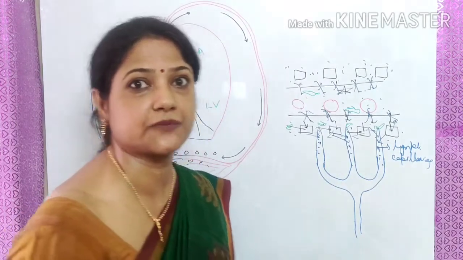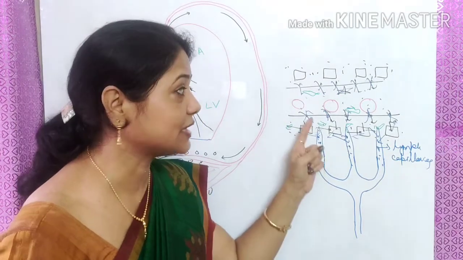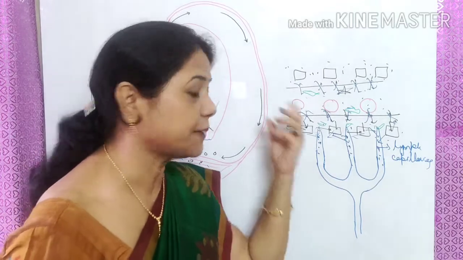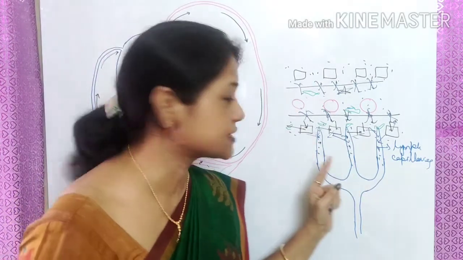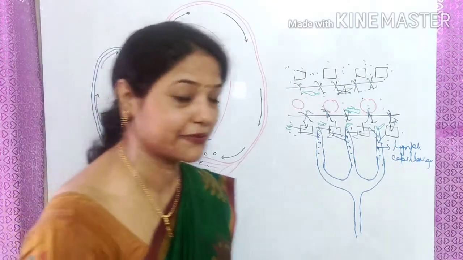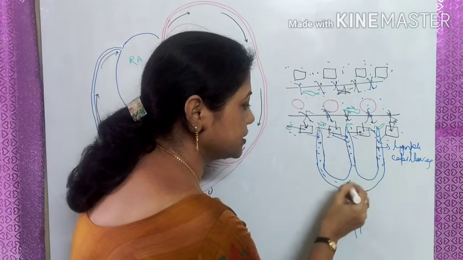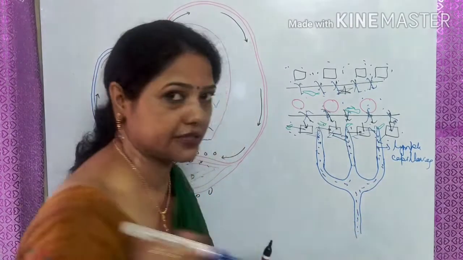Apart from the blood plasma, what else is present in the lymph? We know that WBCs are also squeezed out from the capillaries. So apart from this blood plasma, WBCs are also present in the lymph. Now this lymph starts flowing towards the bigger vessels which are called lymphatic vessels.